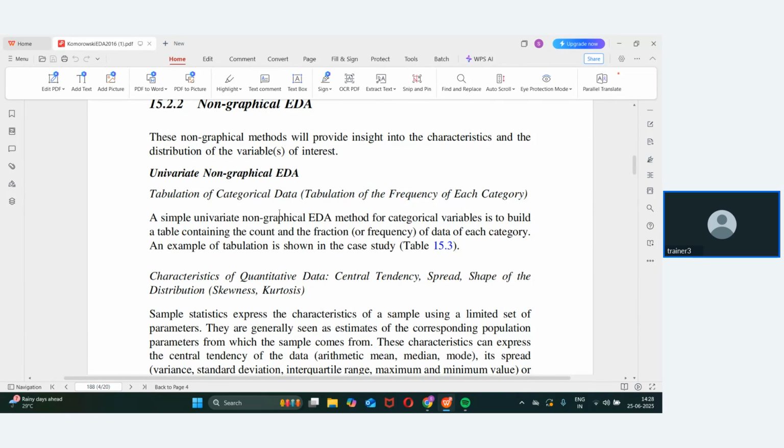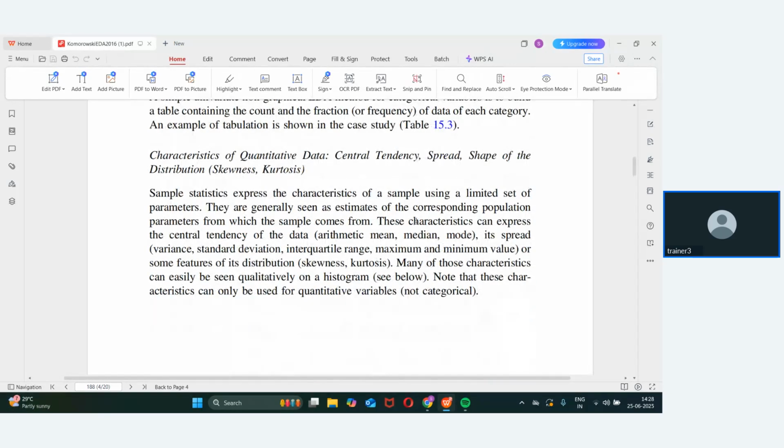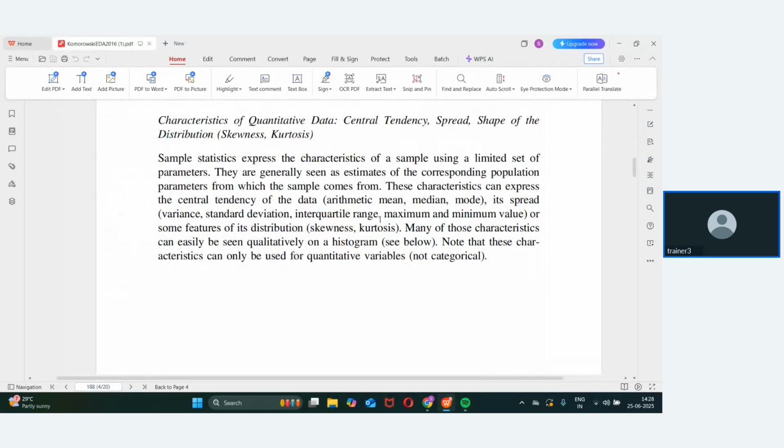A simple univariate non-graphical EDA method is building a table which contains the frequency. As I mentioned, the table contains frequency, right? Here they have also given an example. These are the terms I was talking about: central tendency, spread, and distribution.